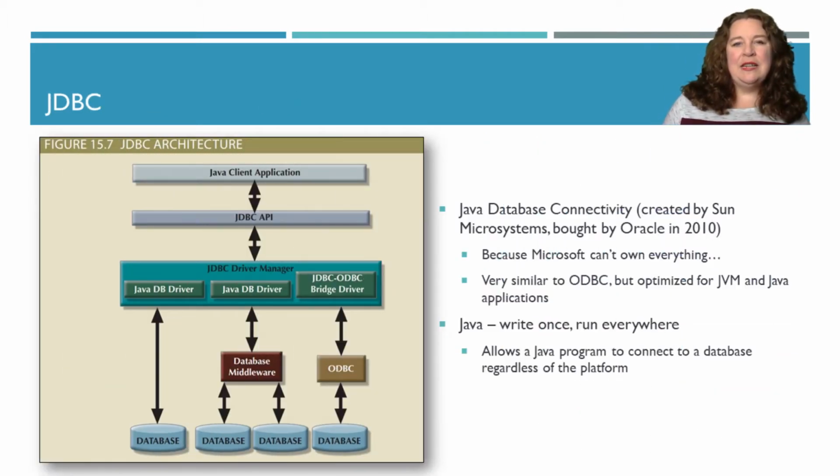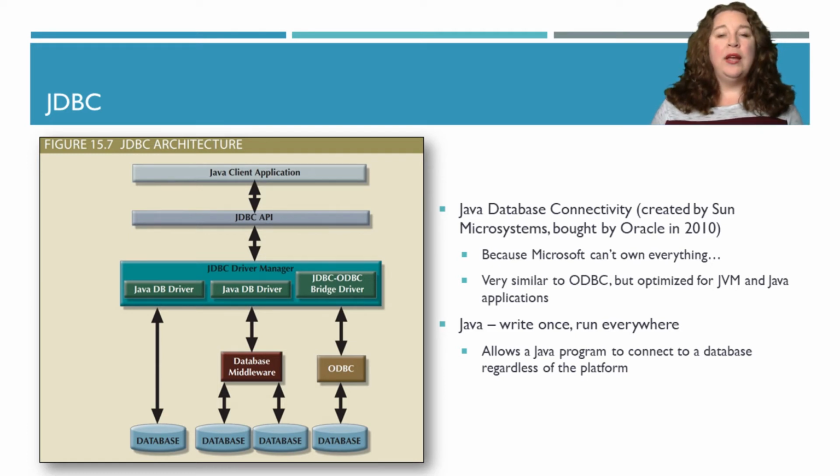The last database connectivity we're going to talk about is Java's, because Microsoft cannot own everything. Oracle, which bought Sun Microsystems in about 2010, Sun Microsystems built Java back in the 1990s. And they built a Java database connectivity specifically to do what ODBC does, but to do it with Java. Remember, the cool thing about Java is that write once, run everywhere type thing.